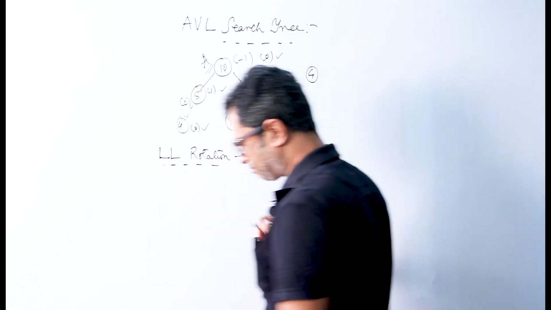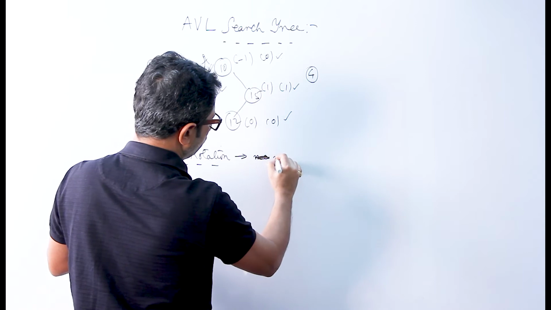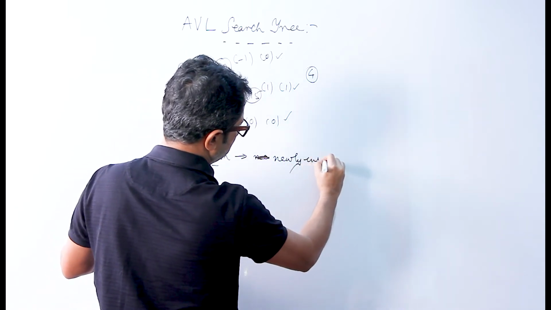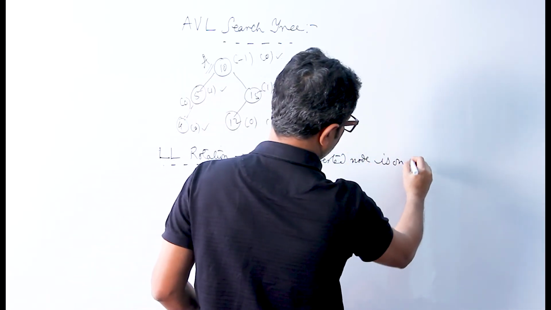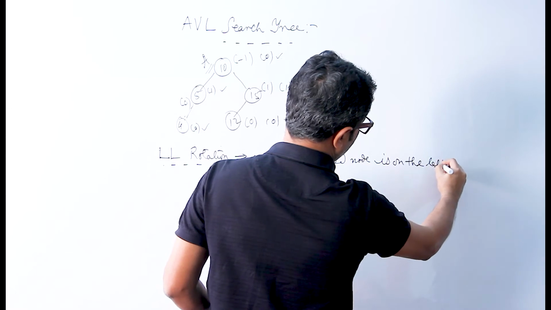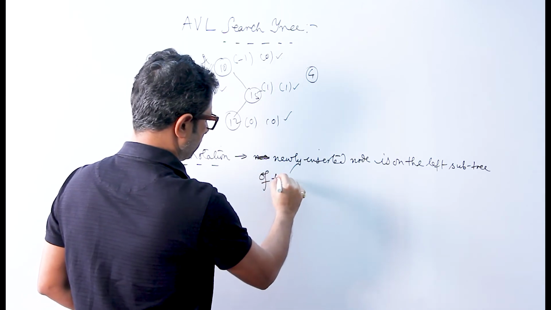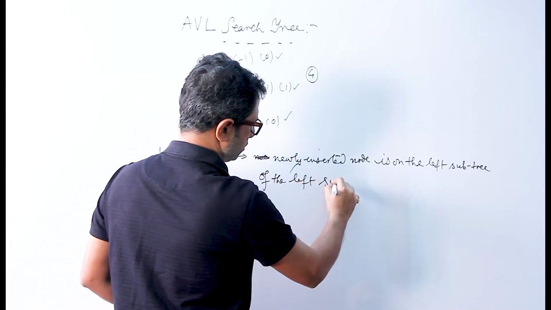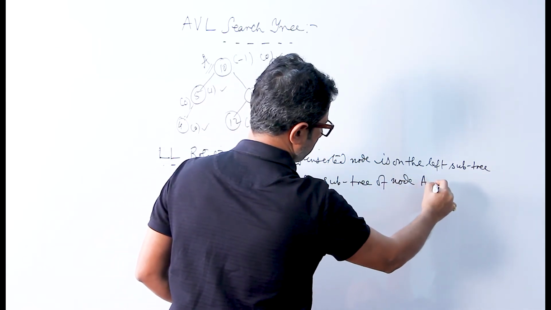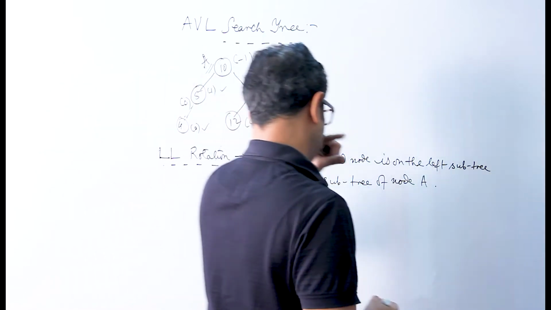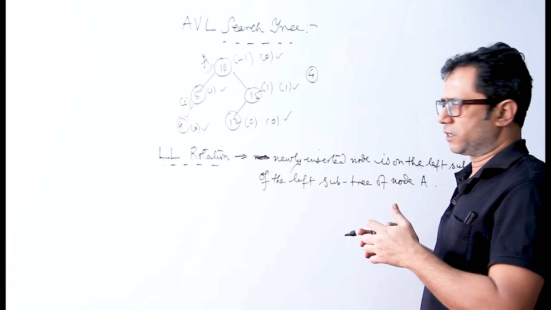So I will write this like this: newly inserted node is on the left subtree of node A. I will give you proper illustrations in order to make you understand all the situations in some later videos.